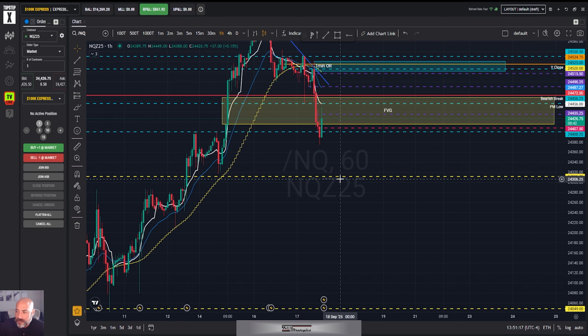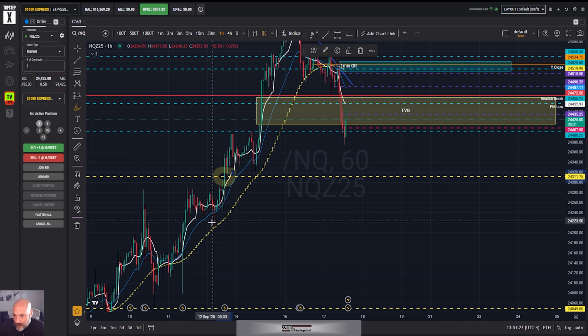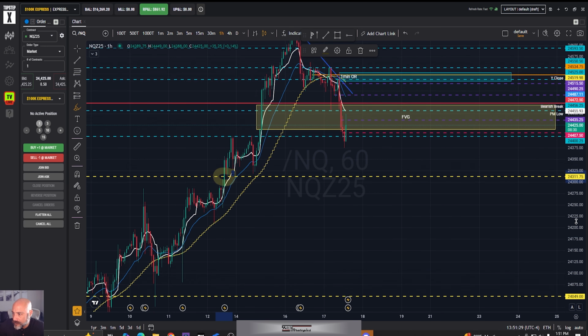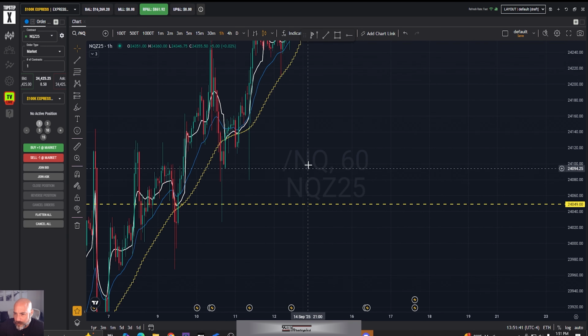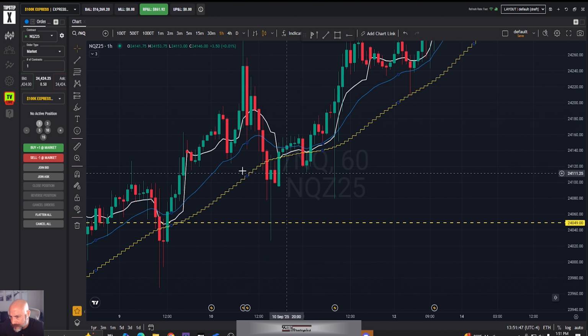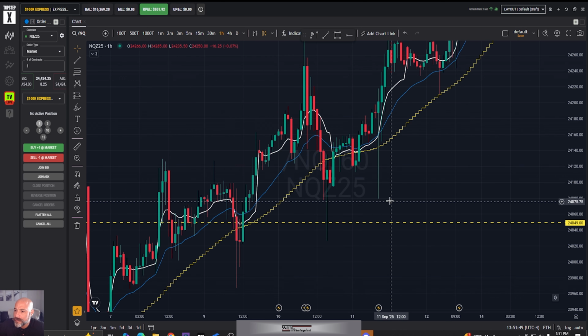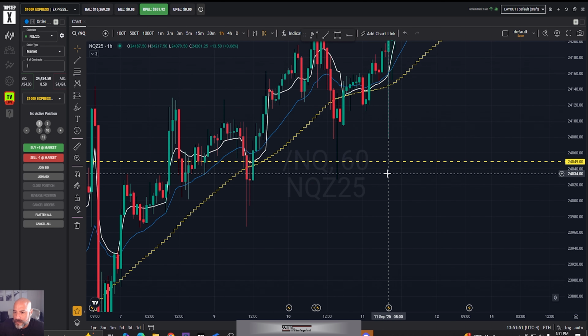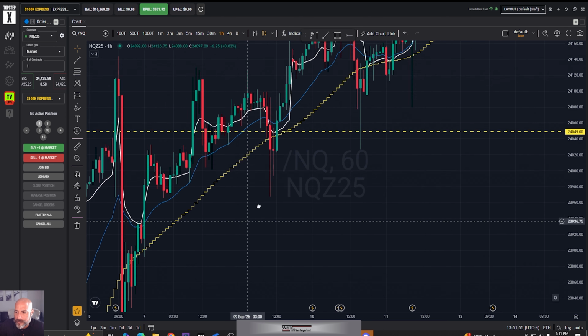This next level down here, which is 24,311, there's a small low volume gap down here in this area. Other than that, on the hour, I don't see any other fair value gaps. We got one here, but it was visited here, so that one's OBE.